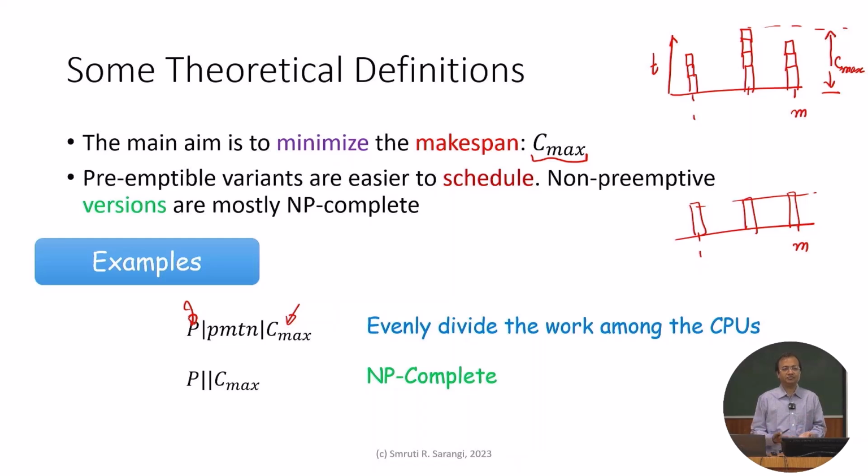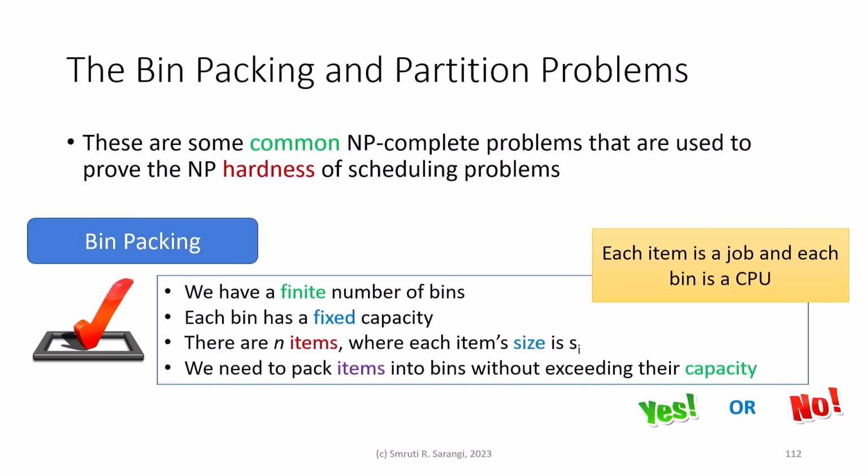This is normally the case: when preemption is taken out, then all hell breaks loose. The two problems that are typically used to prove NP-completeness in the domain of multiprocessor scheduling are bin packing and partition. In bin packing, we have a finite number of bins.